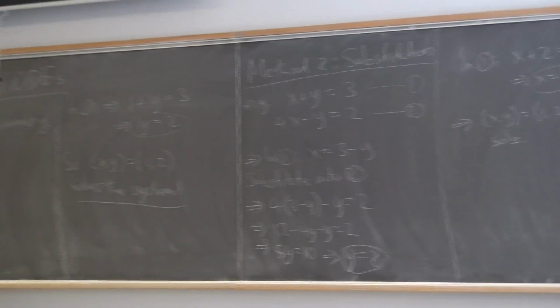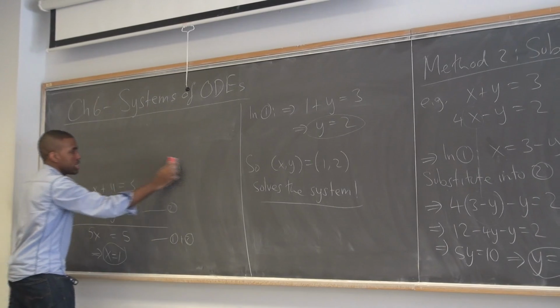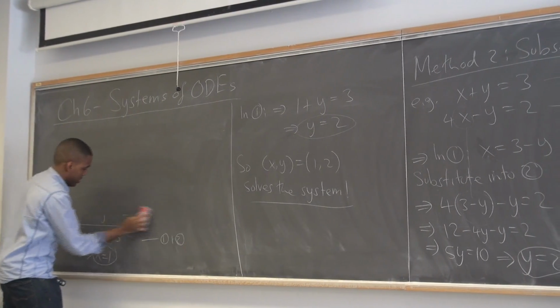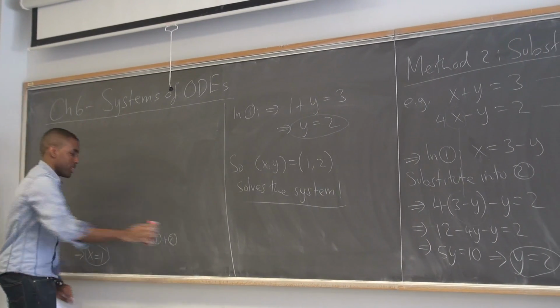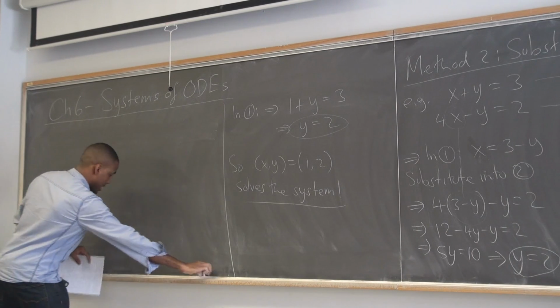Let's make it a little more interesting. Let's increase the difficulty just slightly, ever so slightly. And then we're going to increase it like by this much. If not this class, next class.